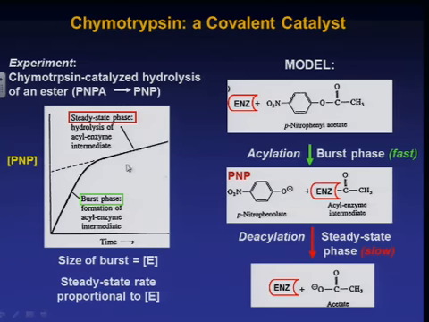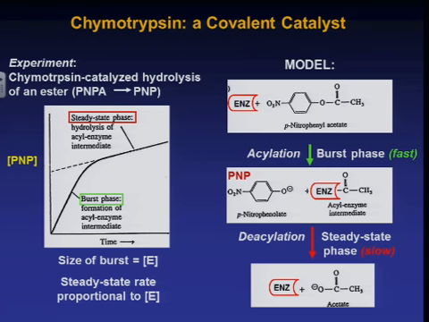The rate of the steady state was proportional to the enzyme concentration. So if this was at one enzyme concentration and then another was done at a higher enzyme concentration, this would go up and then it would plateau, but that plateau rate would have a slightly different slope, okay?